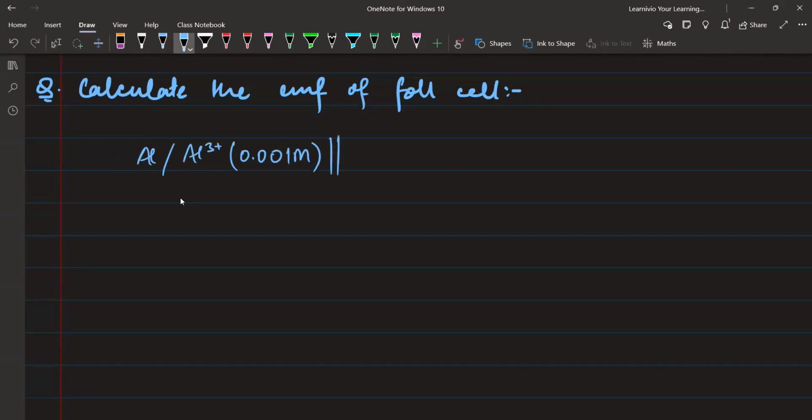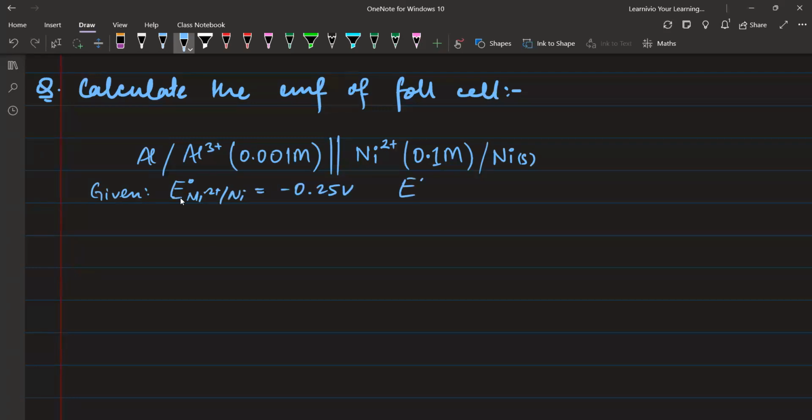We have salt bridge, nickel 2 positive, 0.1 molar, to nickel, this solid, and they have given E naught of nickel 2 positive to nickel, minus 0.25 volts, and E naught the reduction potential है ना यहाँ पे, और यहाँ पे reduction potential of aluminium 3 positive to aluminium is minus 1.66 volts.